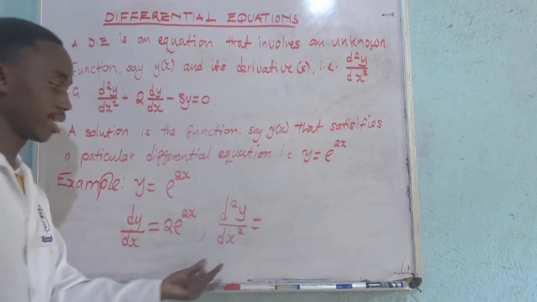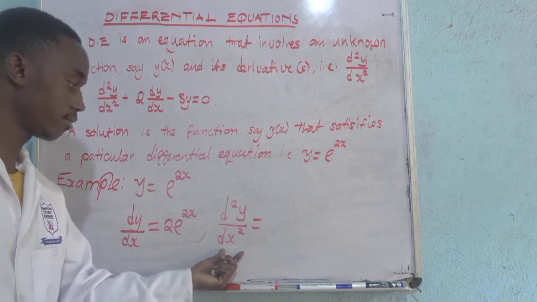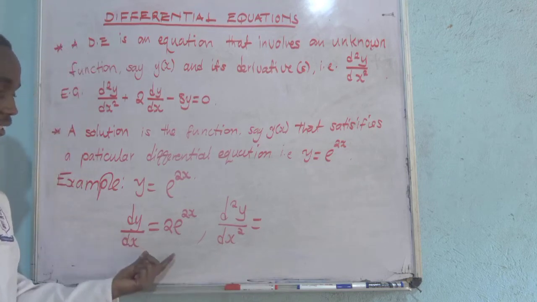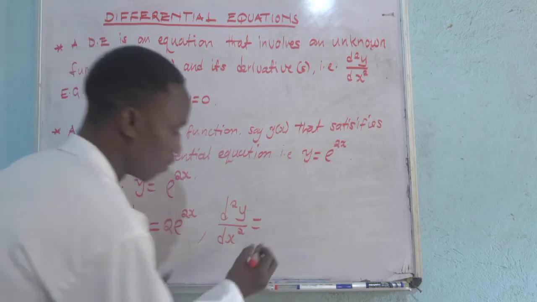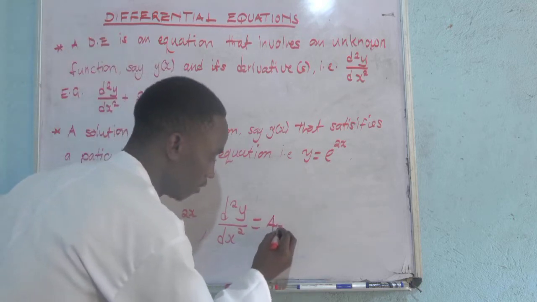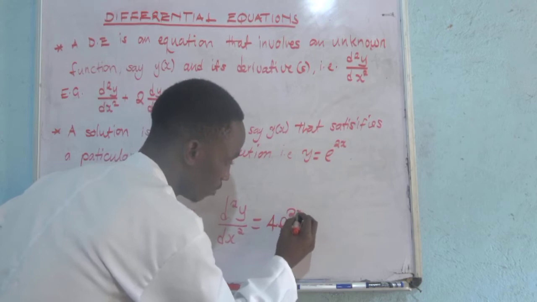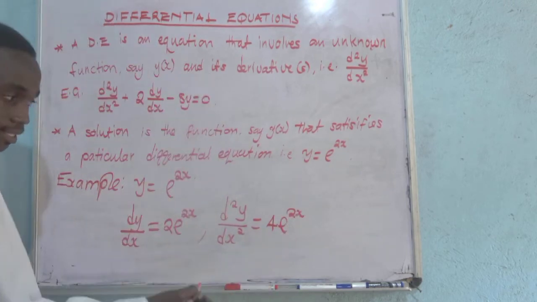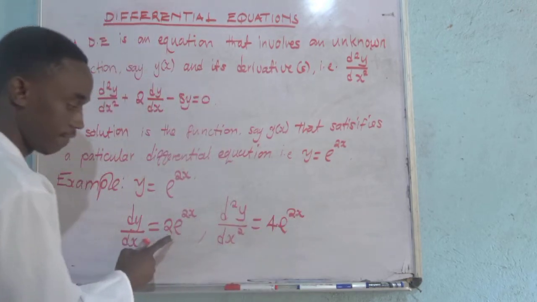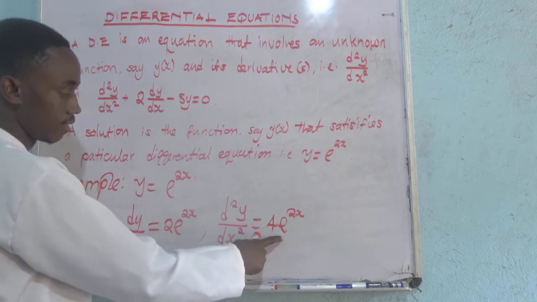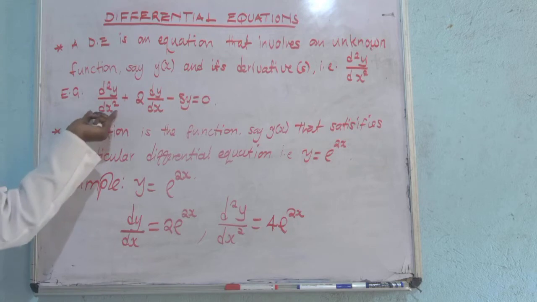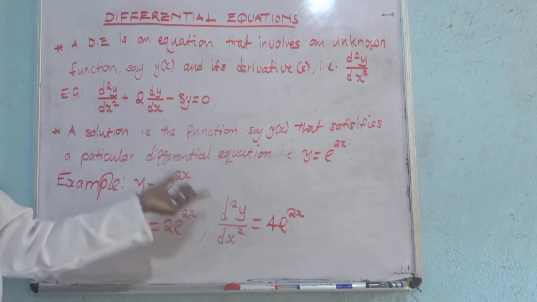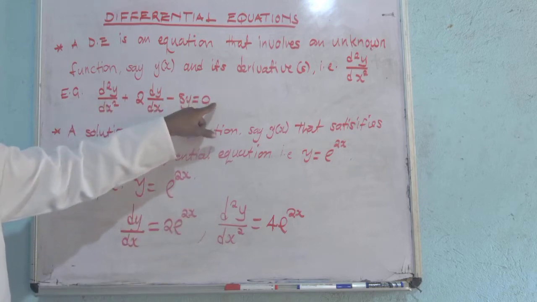You can only obtain the second derivative based on the first derivative. So this gives us the second derivative, which is 4e^(2x). At this point we have the first derivative, the second derivative, and the function y itself. Then you plug them in to see whether the left side equals 0.